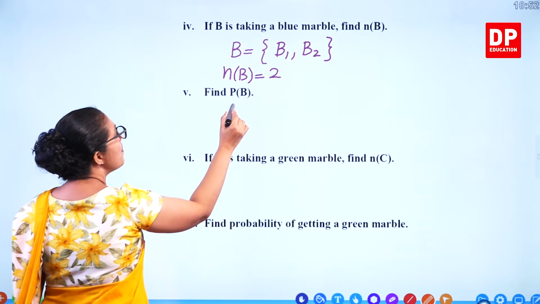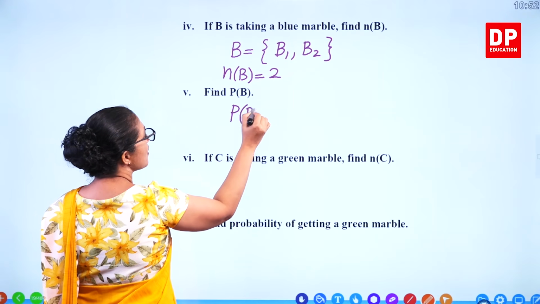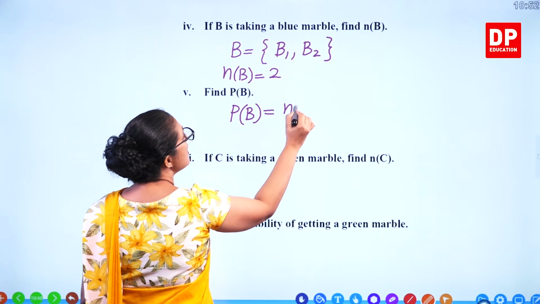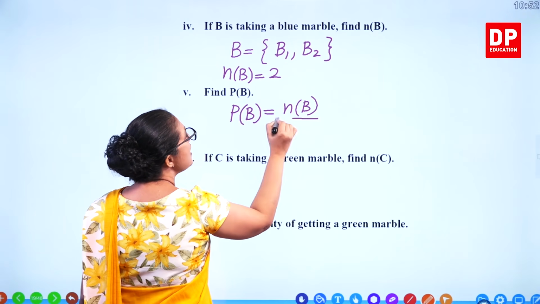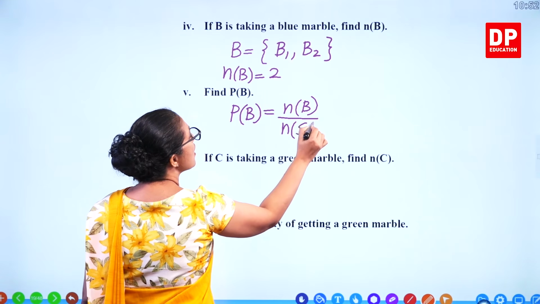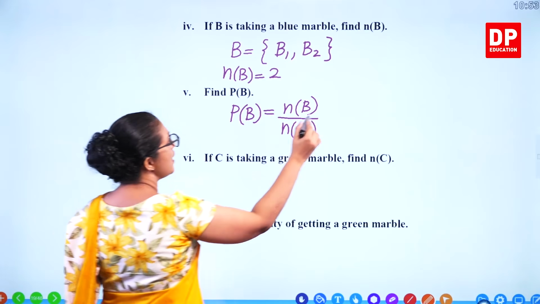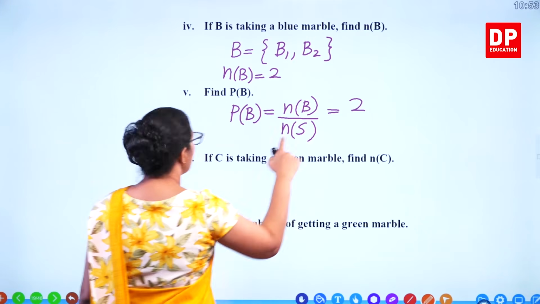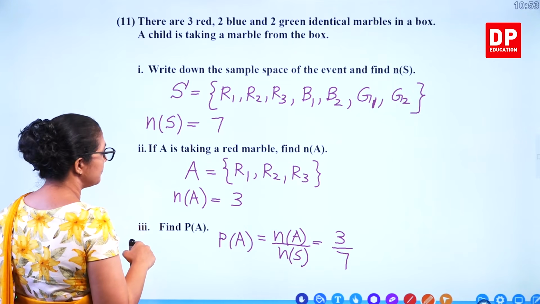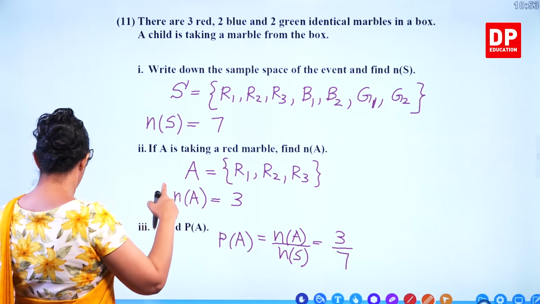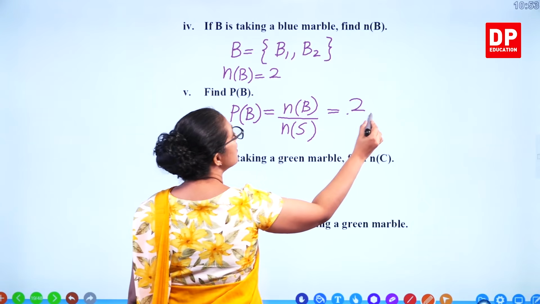So what's the probability? Probability of B is number of outcomes in B divided by number of outcomes in the sample space. So you get 2 here. Altogether, what's NS? 7. So here 7.